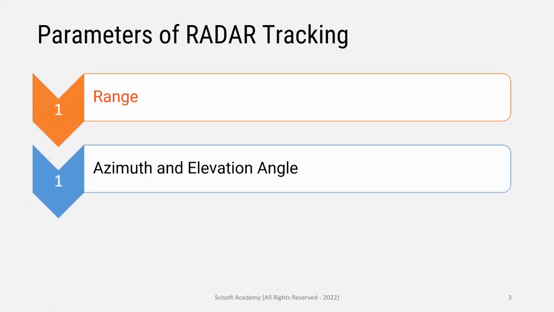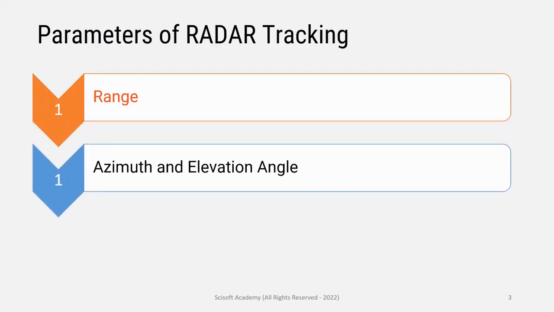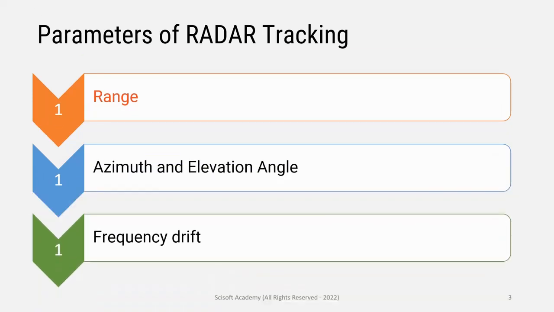And we have already seen about the azimuth angle and elevation angle, and these are our second parameters. And when we go to the third one, it is the frequency drift. Frequency drift is nothing but the velocity of the object. So we are going to identify different parameters such as range, azimuth and elevation angle, and frequency drift or velocity. So these are the basic parameters of radar tracking.